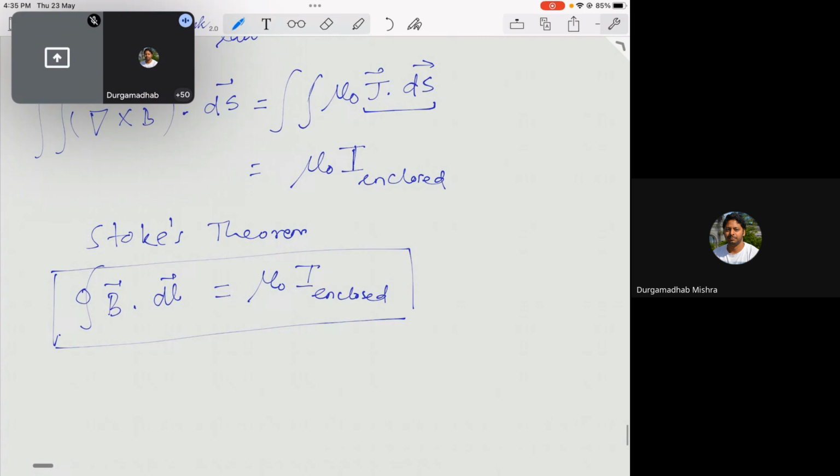And this scalar potential formulation is useful because for a charge distribution, to find a scalar function is easier compared to a vector function, because in a vector function you always have three variables, but in a scalar function it's only one variable, there is no direction dependence, so it is always easy to calculate a scalar function. So that's why we defined the potential, so we can calculate the potential for a charge distribution, use Poisson's equation or Laplace's equation, calculate V, and then eventually calculate the electric field.